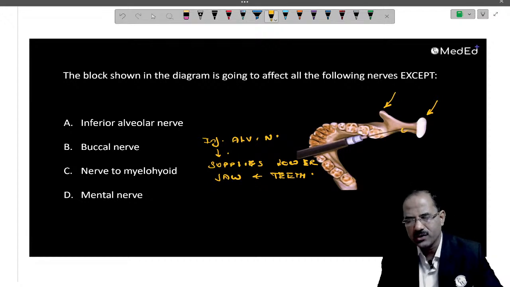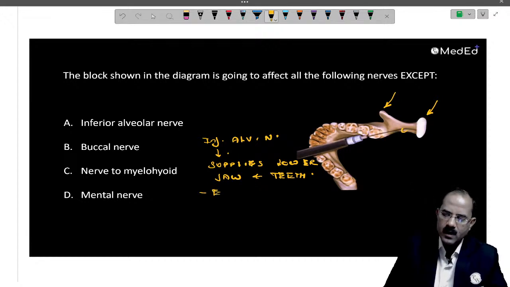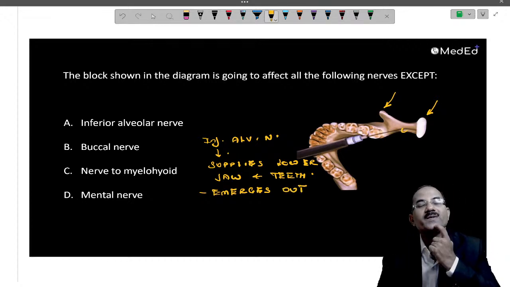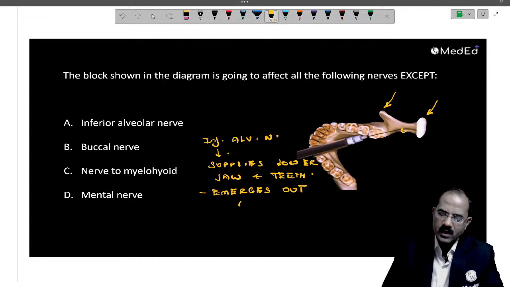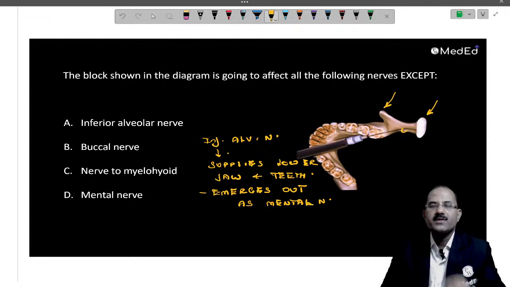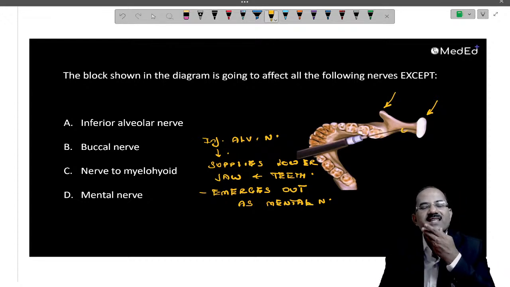It emerges out, there's a foramen here on the chin. What is this foramen here? Mental foramen. It emerges out as the mental nerve. The nerve is known as the mental nerve, and this mental nerve is going to supply the skin over the chin.